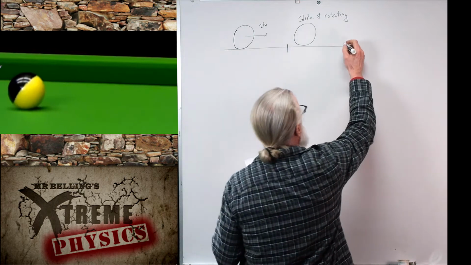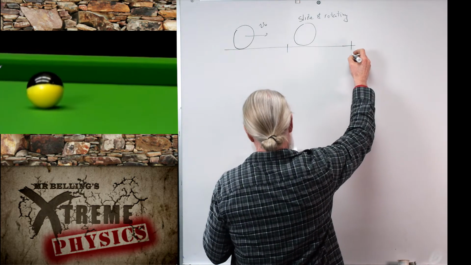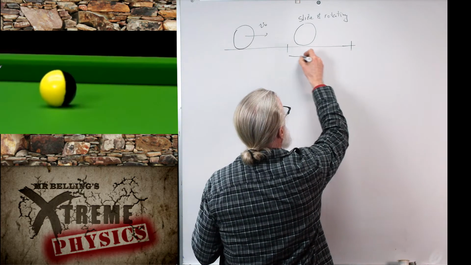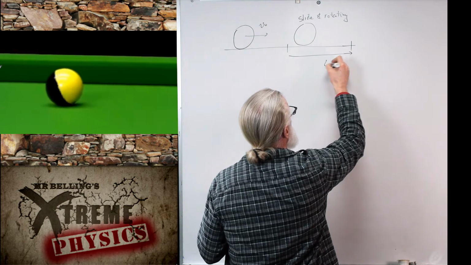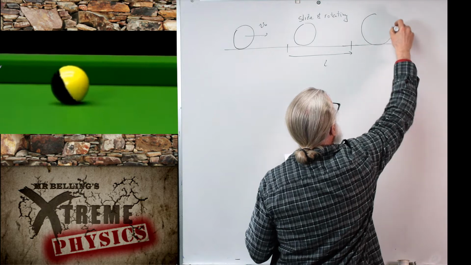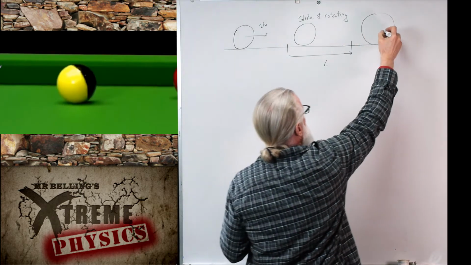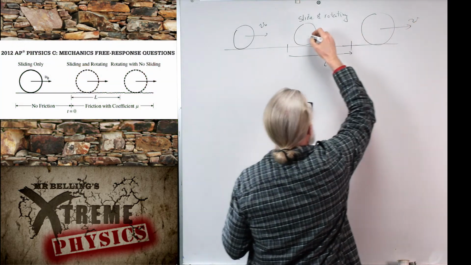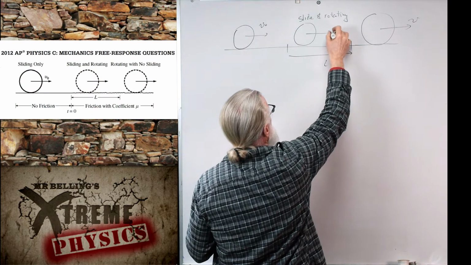And then when it gets to L, this is a distance L, it's just rolling. It's no more slipping, no more slipping. And in each case it's got a velocity this way.